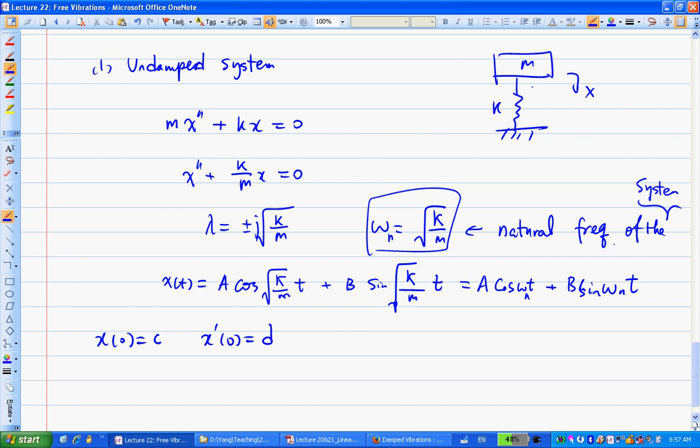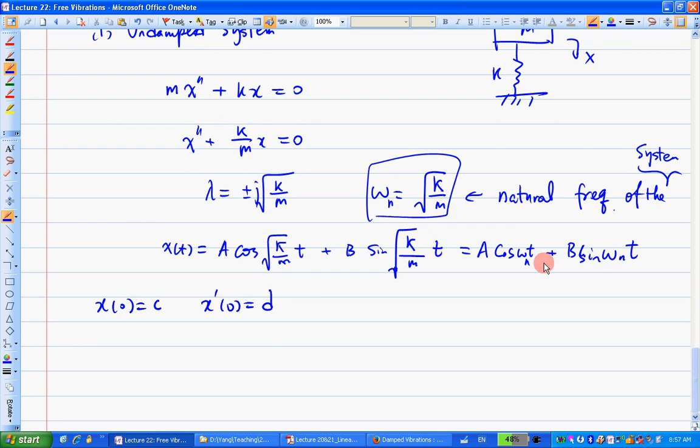It doesn't move, right? So if you want a system to move, you have to give the system a slight initial condition, either here or here, right? Okay. So let's see, in this case, what would be the values of A and B corresponding to these two initial conditions?